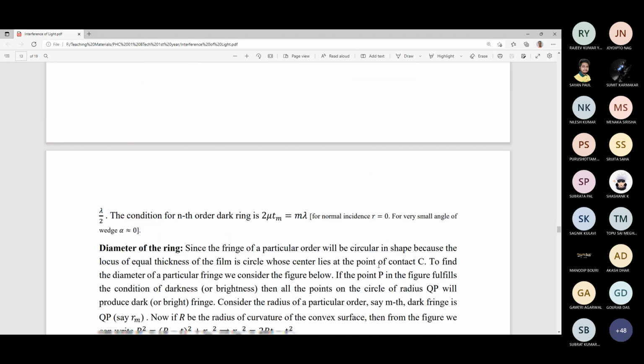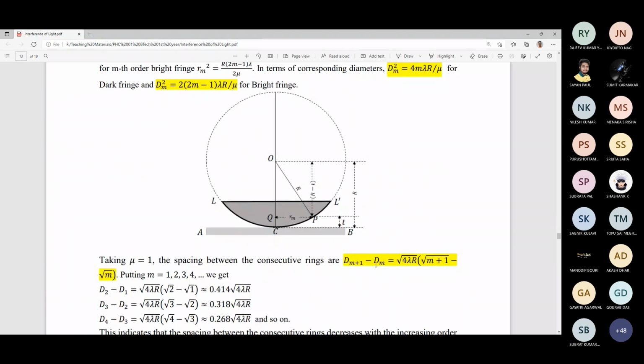How will we determine it? To do this, we consider here. Suppose the radius of curvature of this plano-convex lens is capital R. This is your capital R, right? And we consider Tm as the thickness of a particular ring pattern having radius Rm, which is located at this point, at point P. So here you see Rm is the radius and Tm is the thickness here, right?